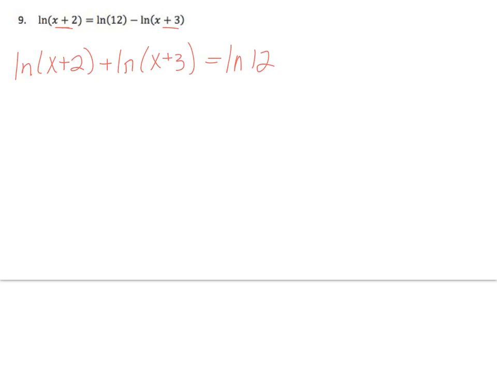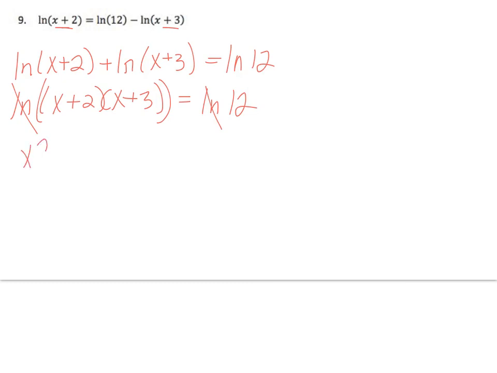Change this into a multiplication problem. x plus 2, x plus 3. Now, that's really the easiest thing to do. Okay? And then I'll FOIL: x squared plus 5x plus 6 equals 12.